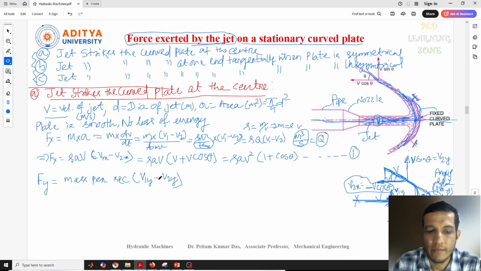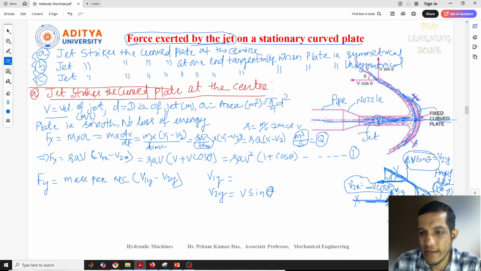So v1y is nothing but the initial velocity in the direction of y. So what about v1y and what about v2y, we need to identify. V2y we have already calculated here, this is nothing but v sin theta. And what about v1y?